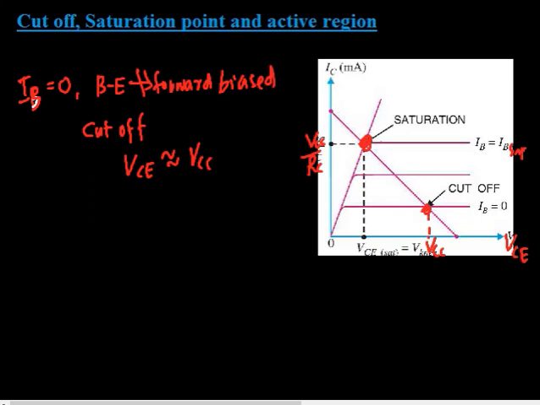Now if we consider the second case, that is when IB is saturated, then in that case the collector base junction is no longer reverse biased.